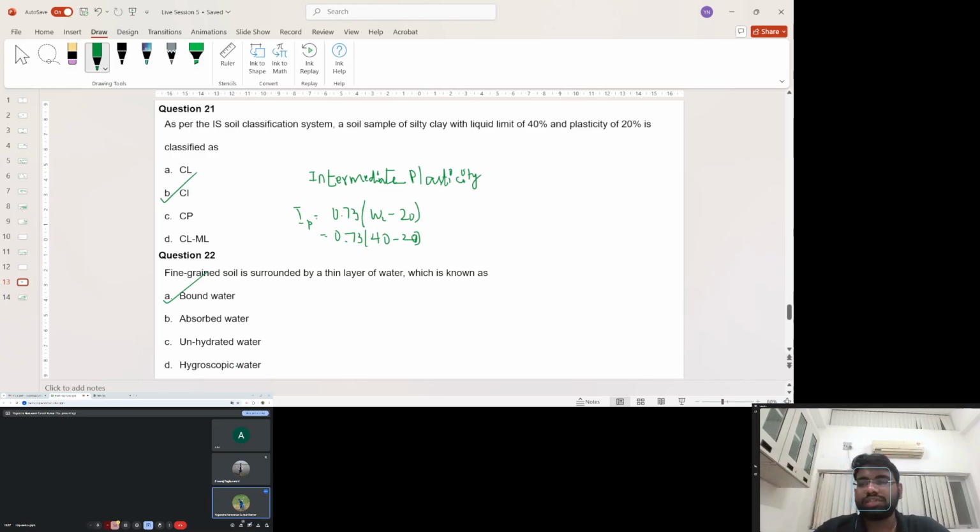And if you again place the soil in atmospheric condition, it will absorb some water, which also is termed hygroscopic water. Right. So that is one additional piece of information.